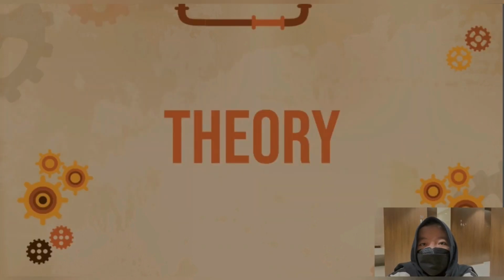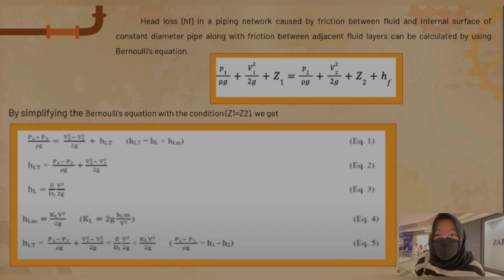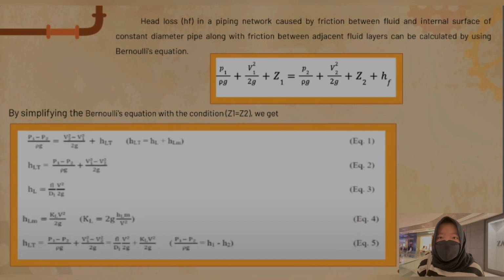Next is the theory part. Head loss in a piping network, caused by friction between the fluid and the internal surface of a constant diameter pipe along with the friction between adjacent fluid layers, can be calculated by using the Bernoulli equation. As a result, energy will continuously transition from desirable mechanical forms like kinetic or potential energy to less valuable thermal forms including heat.